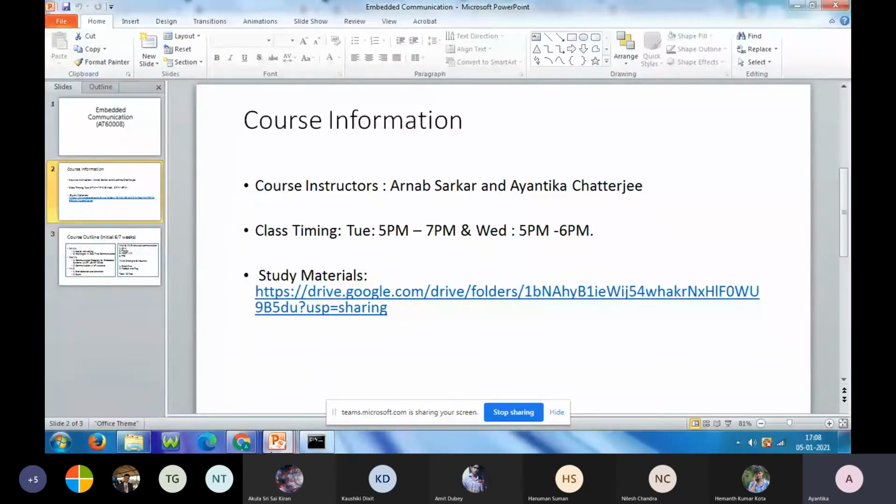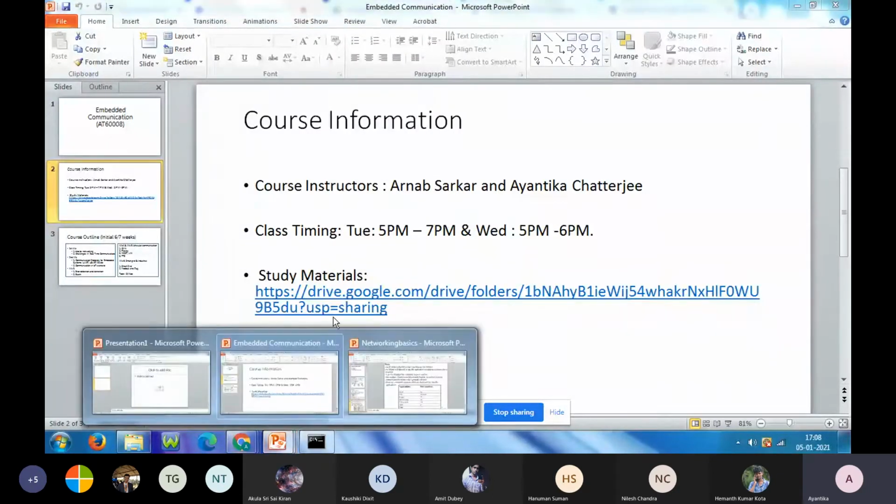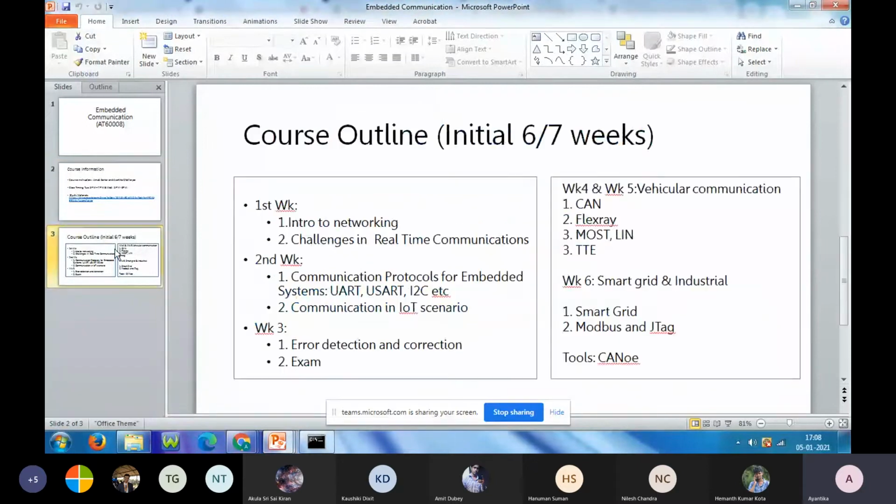Some problem is there. Okay, maybe I can show it from here. So this is the course outline. In the first week, we will be talking about initial networking concepts and why traditional communication concepts are not suitable, and what more changes need to be made when we are talking about real-time scenarios.